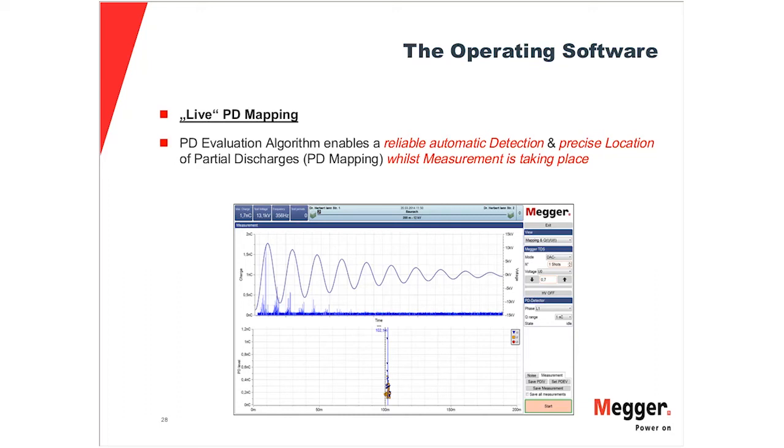We have in our system, the TDM45, the expert built in. So you see here on the upper scale of this diagram the PD activity, the PD pulses, and these pulses are analyzed by an algorithm which is built in, and that algorithm automatically shows you where the problem is within your circuit.